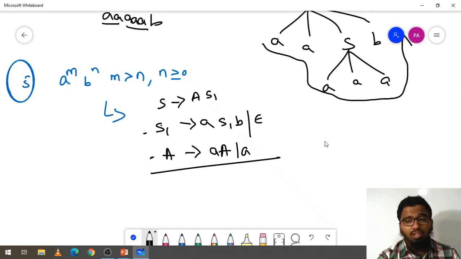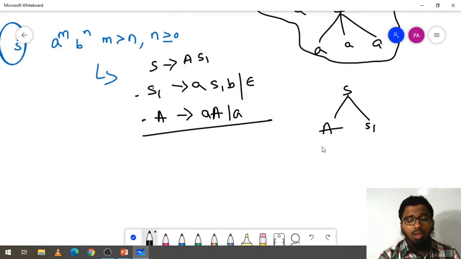Okay, let's solve this. If I take S, it is divided into two: A, S1. What is this A? In A you can take this one or this one, and I am terminating this. And in S1 I can take 1, 2, 3.